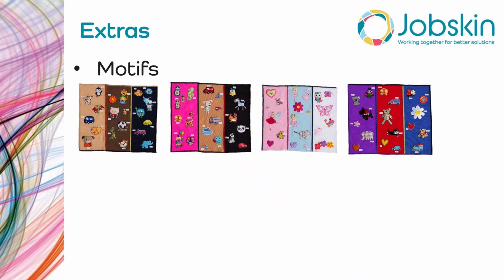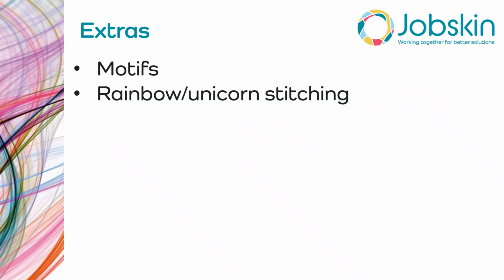Now, a few little extras, and this is helpful for engaging children in the process. Jobskin has a huge range of motifs that can be stitched onto a child's garment, which is a helpful way to keep them engaged and motivated. We also offer rainbow or unicorn stitching, where 2 threads are used, and it's remarkable actually.